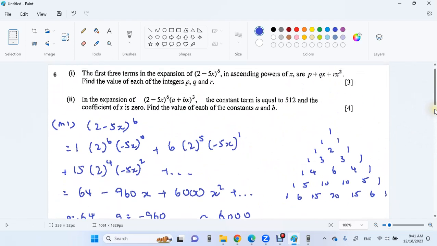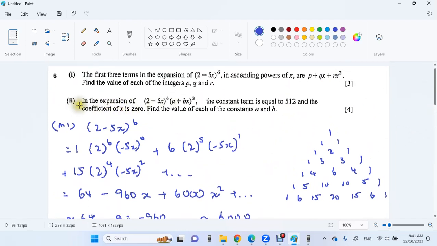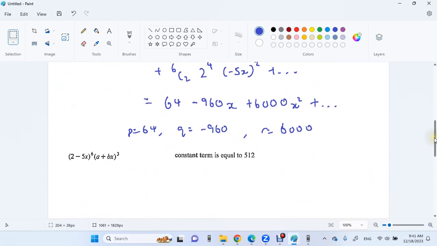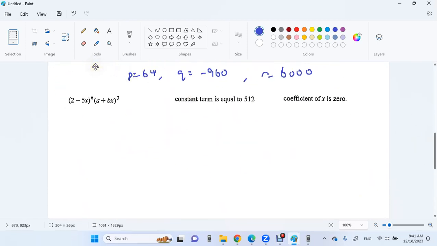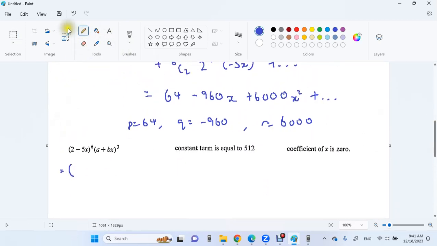And the coefficient of x is 0. So this one, we will have 64 and so on, something like this.